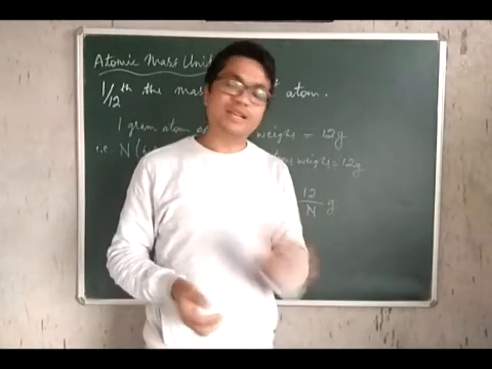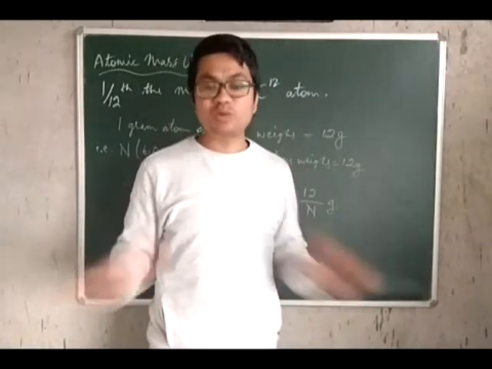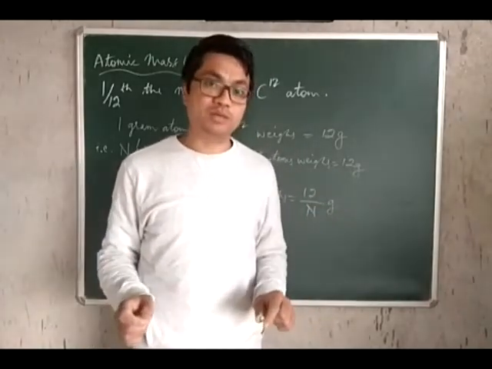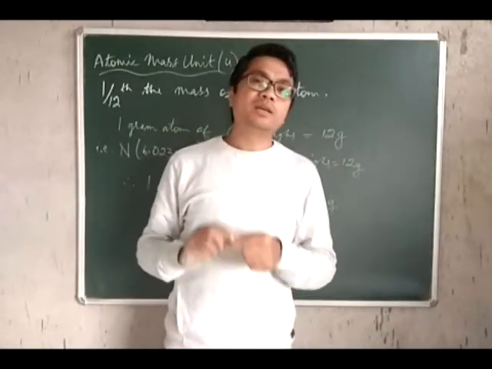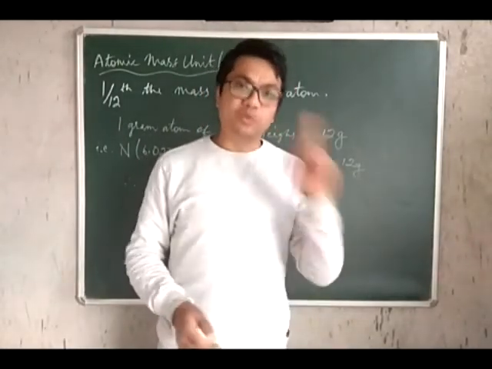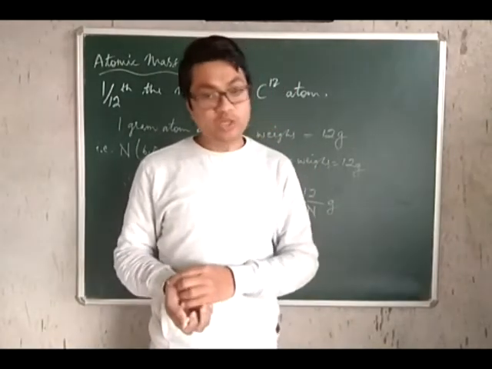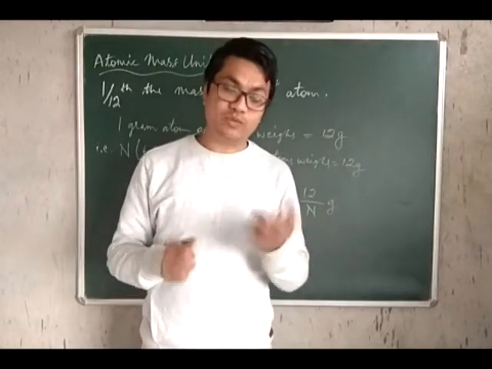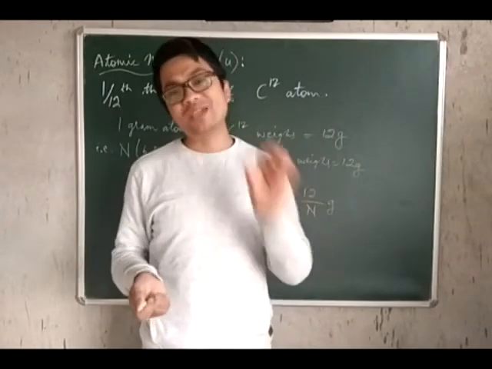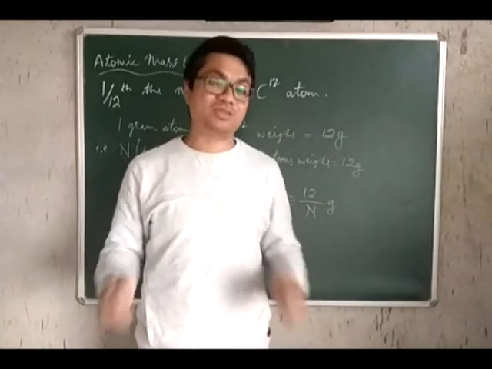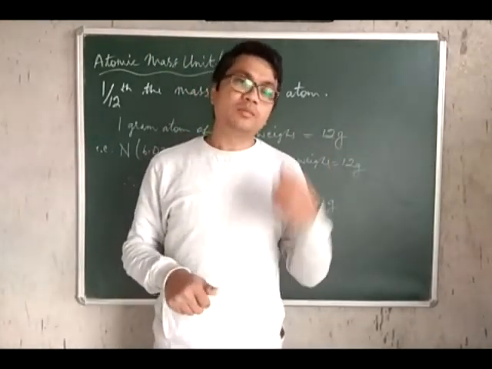These are extremely small things that we are talking about. The mass of an atom will be much less than 1 gram. So even if we have a standard weight for 1 gram, we cannot use it to measure the mass of an atom.